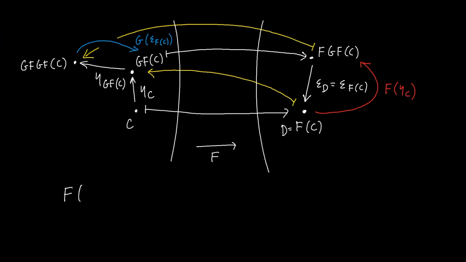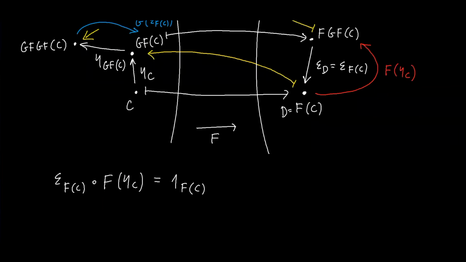So what I'm going to do, I'm going to require that F of eta C, if I go from D to that object FGF of C and then come back by epsilon of FC, if I compose these, that composite must be the identity morphism of F of C. Do I want to require also the other way around, that if I swap these around, then that is also an identity morphism?